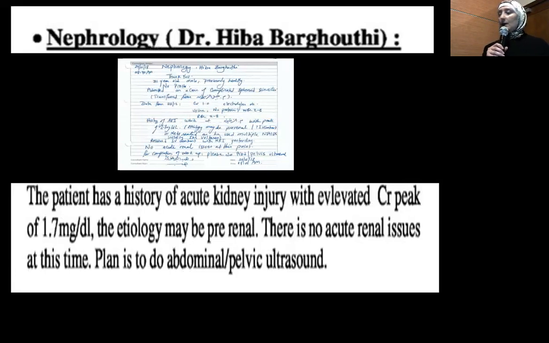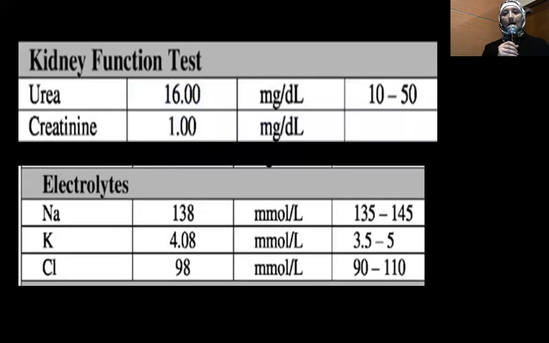So with simple hydration, IV fluids and discontinuation of all non-steroidals, he had a complete recovery of his renal function. Workup included renal imaging, which was normal. Subsequently, he recovered with creatinine going down to 1. His electrolytes were normal, and his urine analysis, which initially showed some RBCs, also completely recovered.